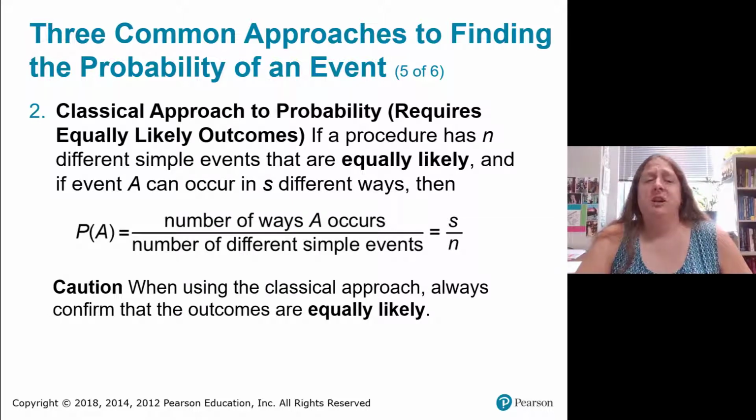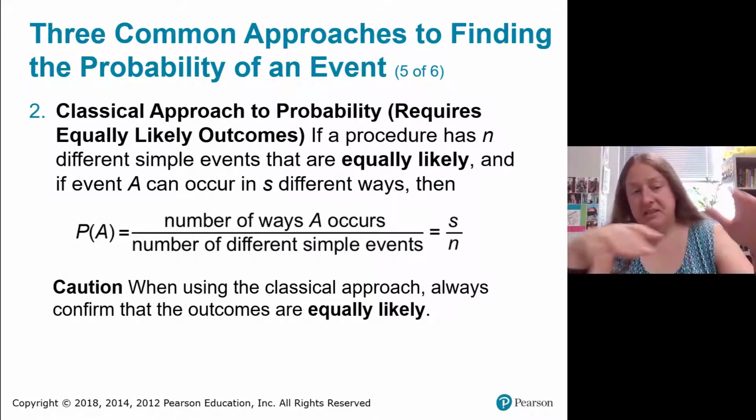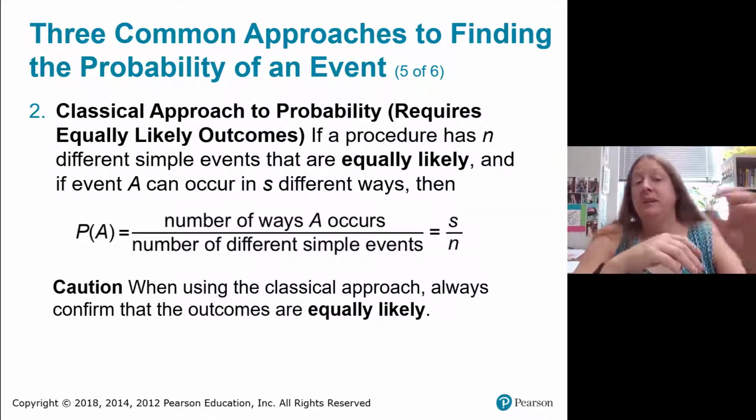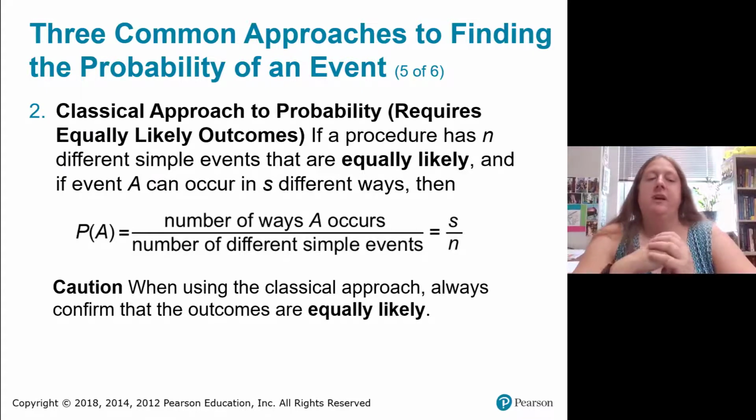So if we have a procedure that has n different simple events that are equally likely, so our sample space has n elements in it, and all of them are equally likely to happen, and event A can occur in s different ways, then the probability is going to be the number of ways that A can occur divided by the number of simple events that we have, or s divided by n. So it's really important that all of the outcomes are equally likely here, and you have to confirm that to be able to use this approach.